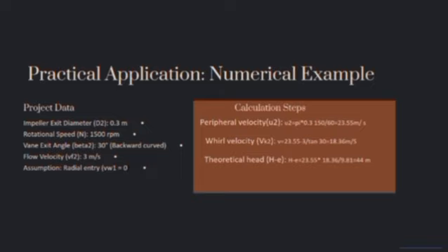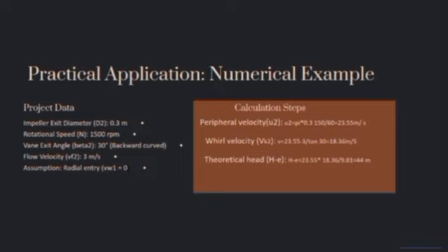Calculation steps: the peripheral velocity U2 equals pi multiplied by 0.3 multiplied by 1500 divided by 60, equals 23.55 meters per second.